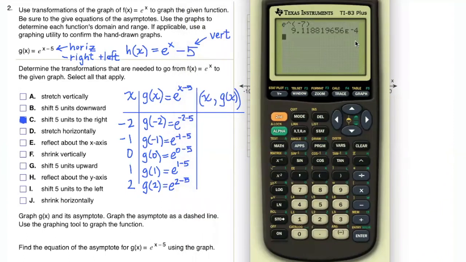This is scientific notation. What the calculator is trying to show you is a small decimal. I know it's small because I have a -4 here. This is the same as 9.1 times 10 to the -4, which is what you should read when you see that capital E to the -4.